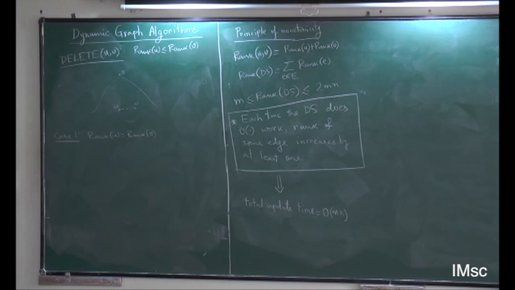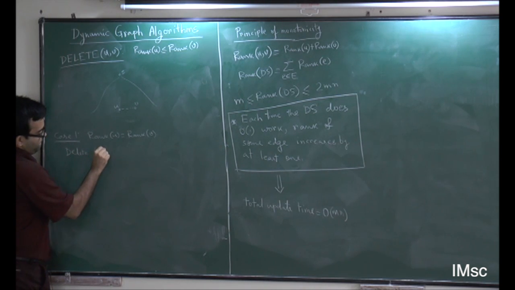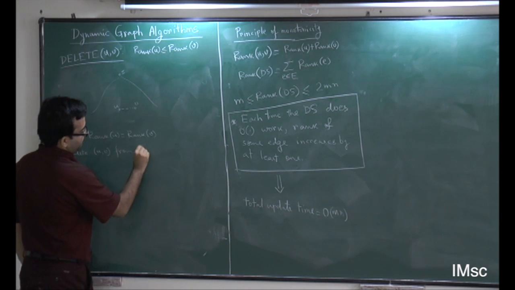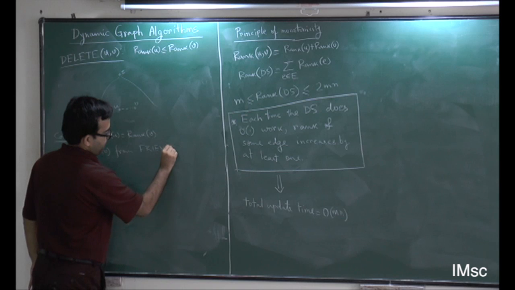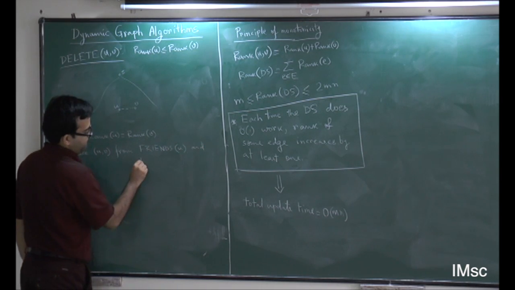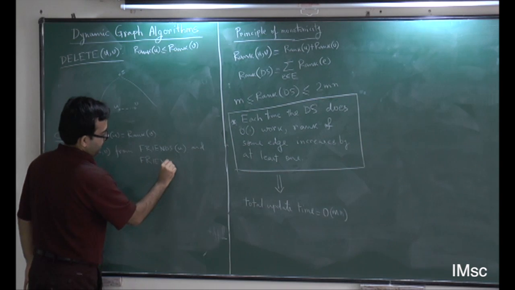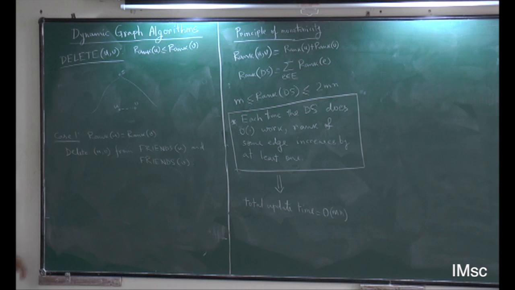what do we need to do? We just need to delete this edge U V from the friends list of U and V. Will anything else change?